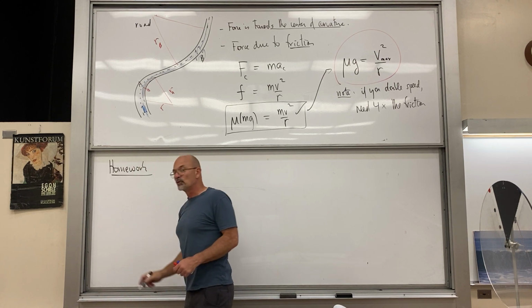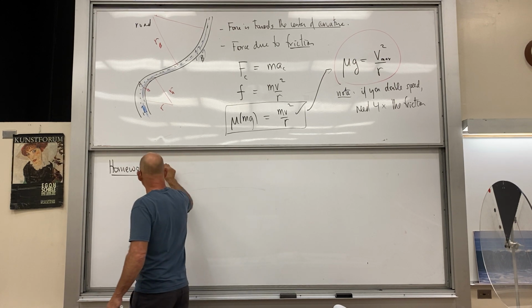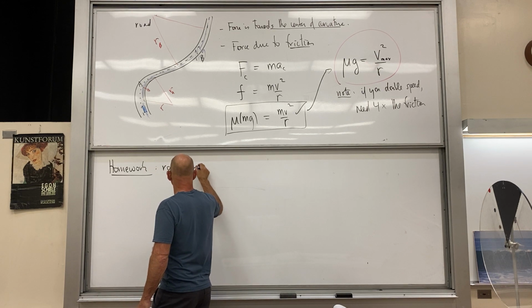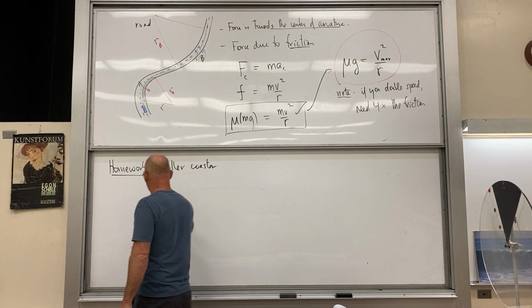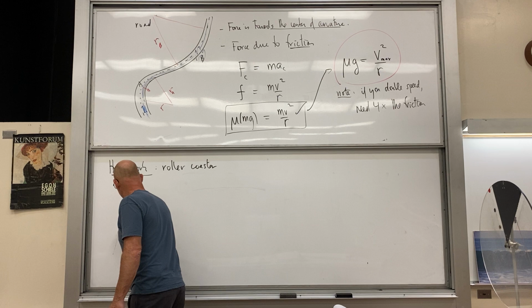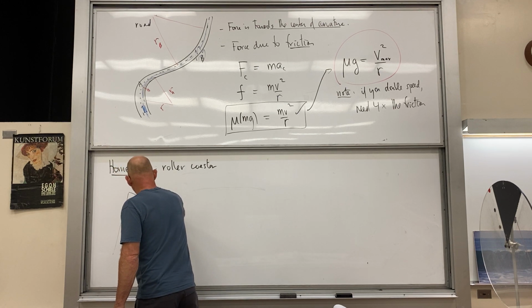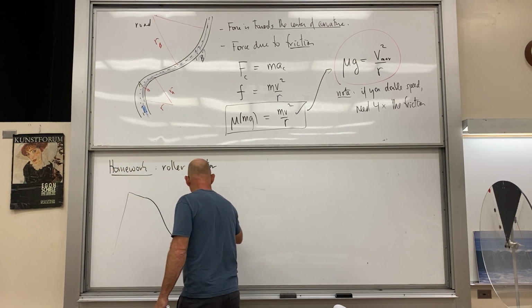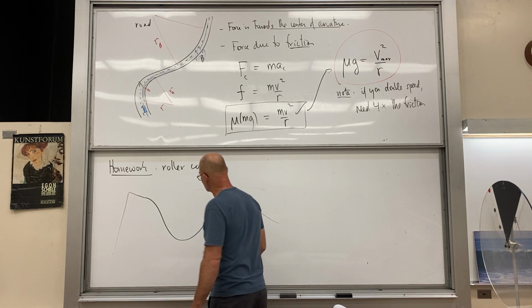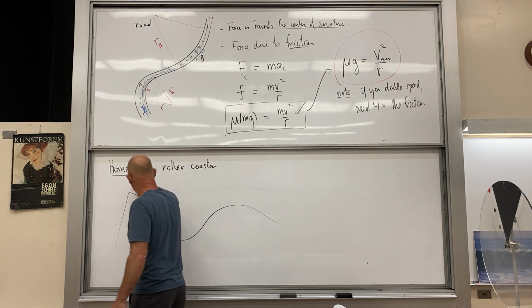The idea is we have a roller coaster. And we draw us a nice roller coaster. Say we come up here and then go down and up over the hill. Okay, so start here.